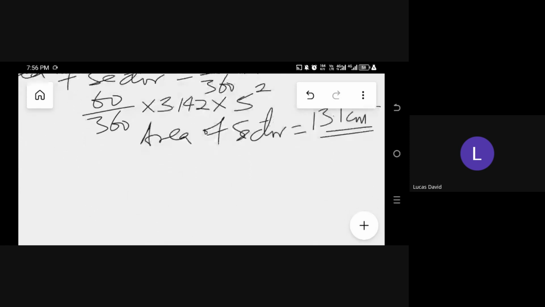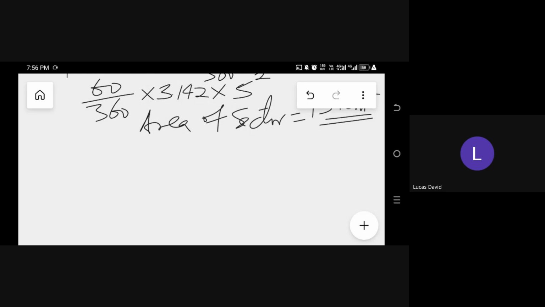For those of you in Nigeria, when you were in JSS3, you were taught that the area of a triangle is not always half base times height. When you have the base and the height, that's when you use the area of a triangle as half base times height.